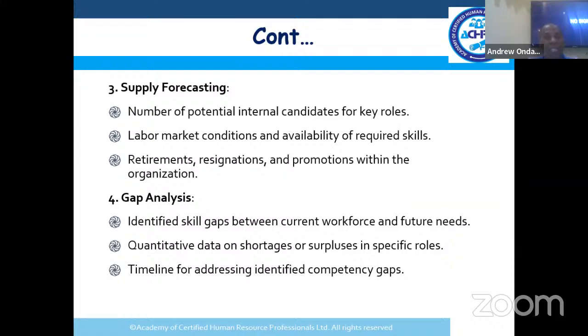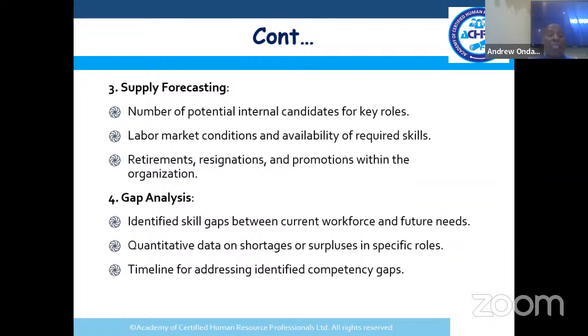So the keyword there is require for demand, have for supply. So we compare these two. If demand is more than supply, then there is a deficit. A deficit is a gap because you have a shortage of people, meaning that you require more than what you have.